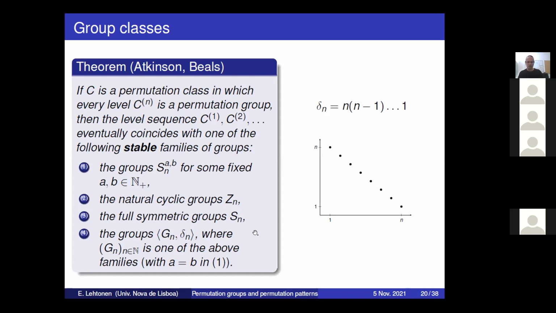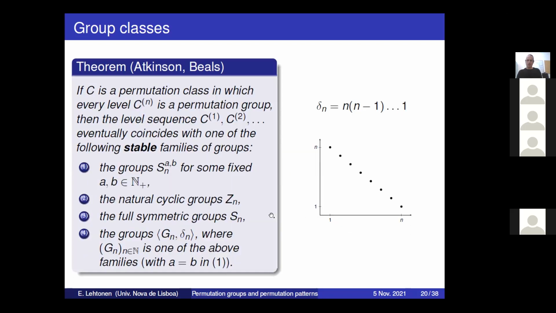With the full symmetric group, we don't get anything new because δ_n is already there. For the natural cyclic group, the group generated by the cyclic group and the descending permutation will be the natural dihedral group of order n. And for the first case, we get something nice and new, but in this case, we have to assume that A and B are equal.